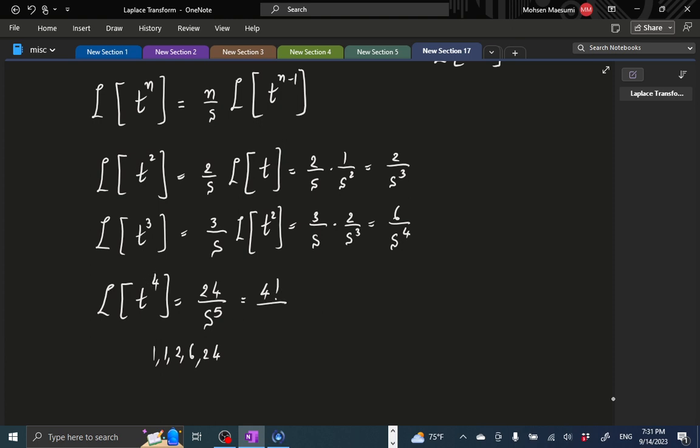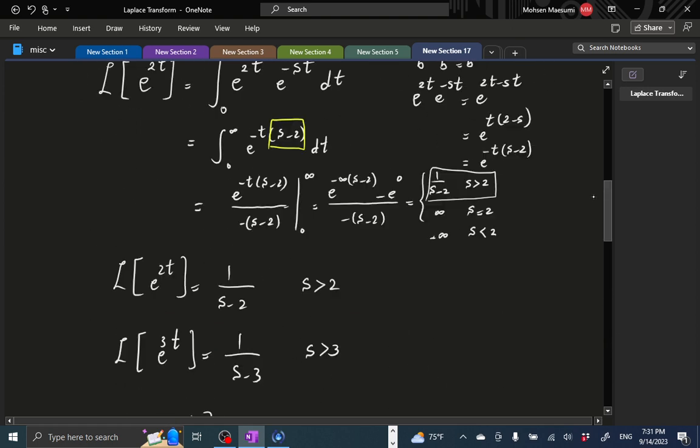So that number factorial over, in each of these cases, the power of s is 1 more than the number we have over there, so it's n plus 1. This is 4 plus 1. So we have the following formula: Laplace transform of t to the power of n is n factorial over s to the power of n plus 1.